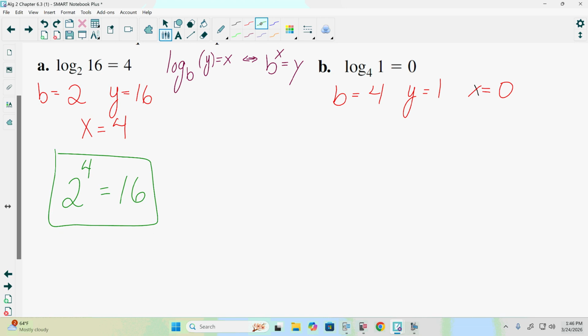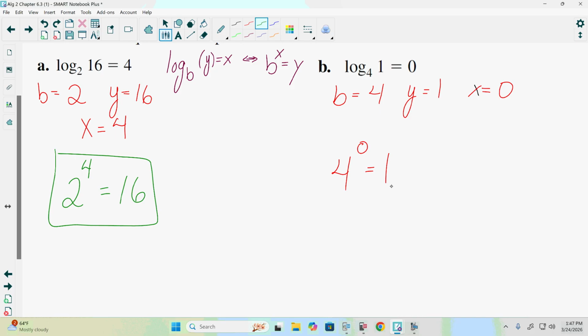So if we want to write this in exponential form, b to the x is equal to y. Our b value is 4, and it would be to the 0 power, is equal to 1.